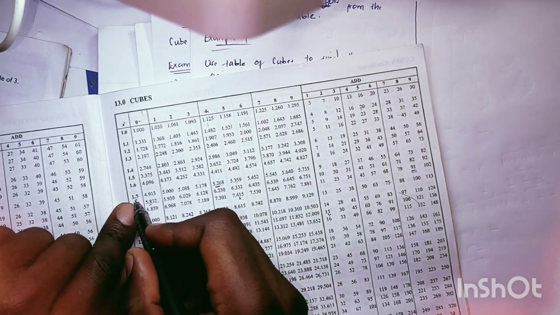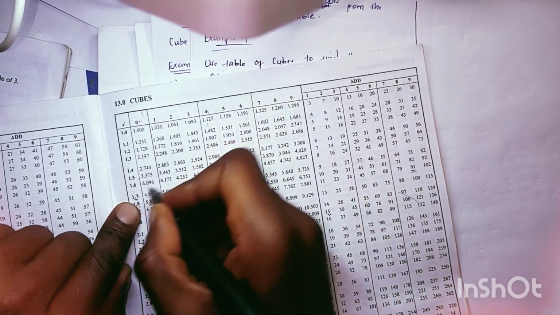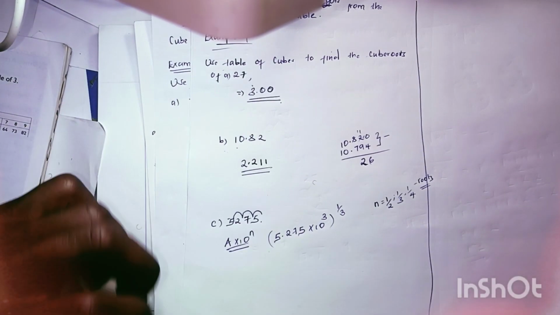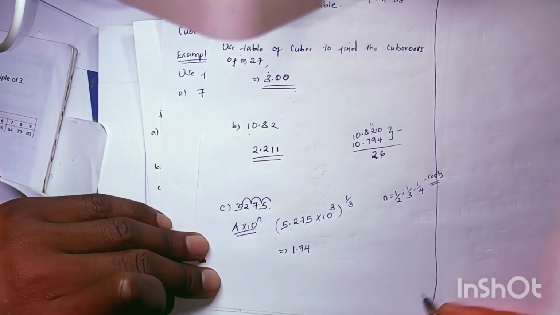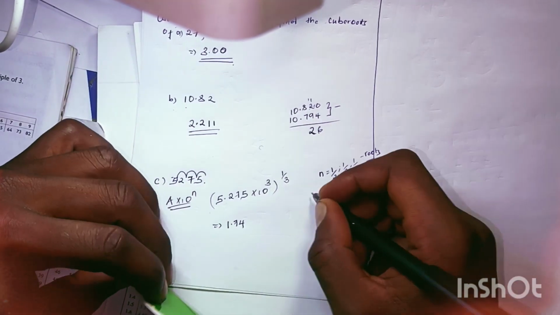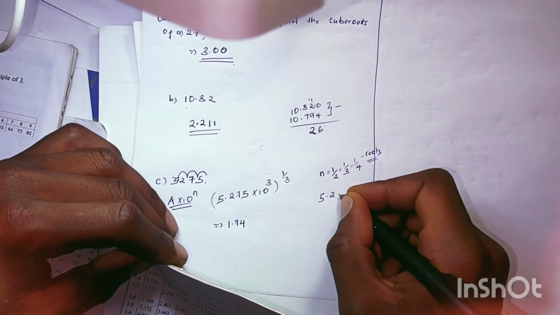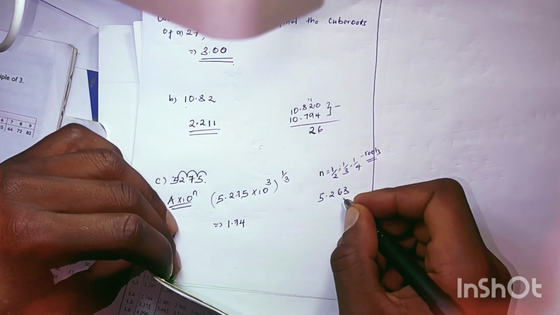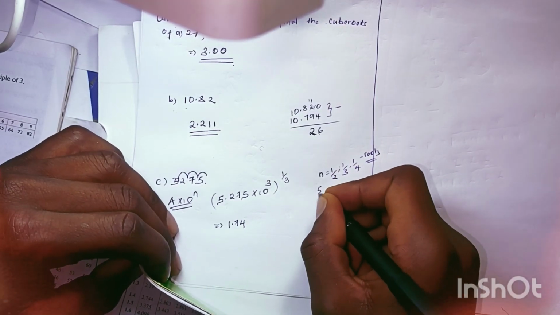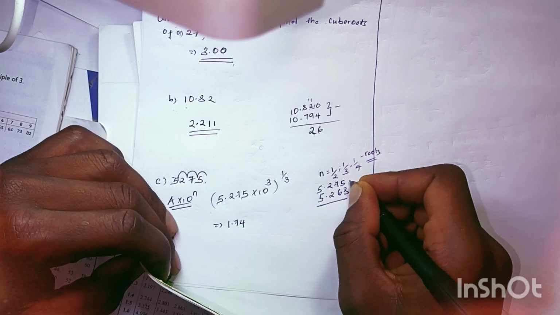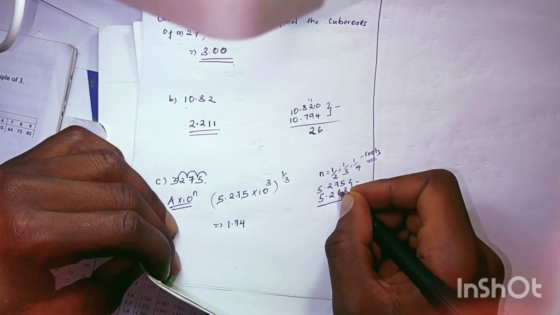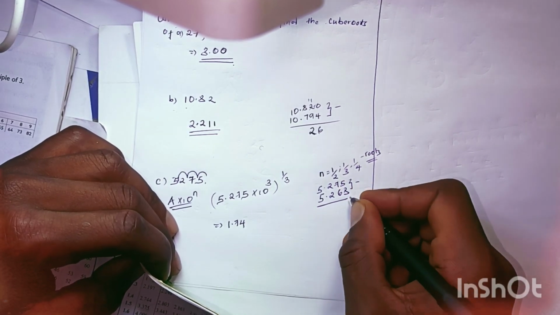So I'll have to pick 1.74. Let me write that one. It is 1.74. Then what am I getting here? I'm getting 5.268. Then I was supposed to get 5.275. What value is remaining so that I reach 5.275?